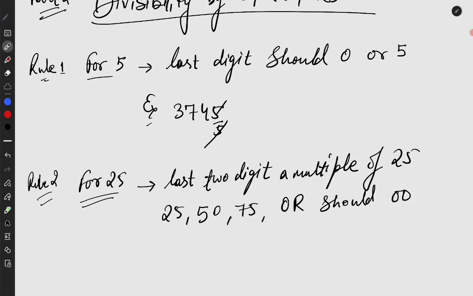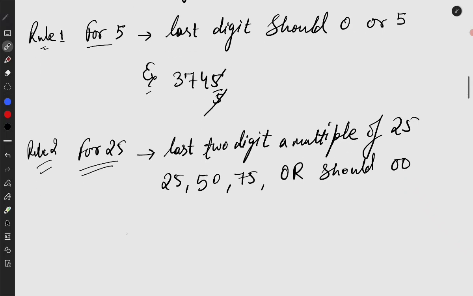If the number forms like this, either a multiple of 25 or 0, 0, then it will be divisible by 25. For example, 9450. Can we divide 50 by 25? Yes. If 50 is divisible by 25, then 9450 will also be divisible by 25.